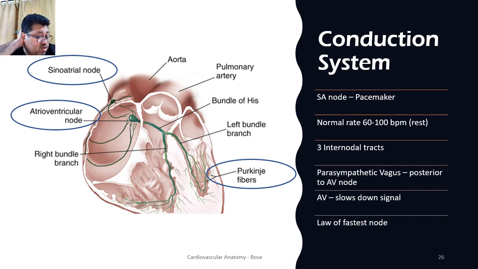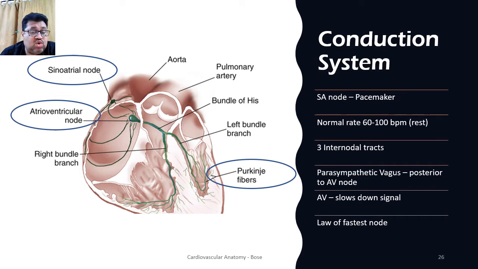I also wanted to talk about the law of the fastest node. The sinoatrial node produces the fastest signal, 60 to 100 beats per minute under resting conditions. Now, there are other nodes within this conduction system that are also capable of generating impulses, and that includes the AV node and the Purkinje fibers.